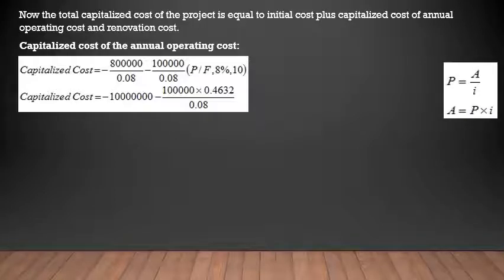Remember that whenever n tends to infinity, A will be converted into P using the factor just 1 by i. So that same formula I have used here. So this 8 lakh multiplied by 1 divided by 0.08, or 8 lakh divided by i, will convert this operating cost of 8 lakh into its P.